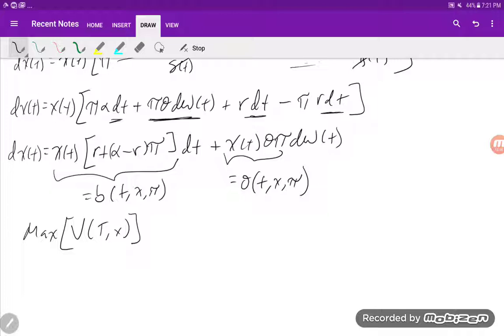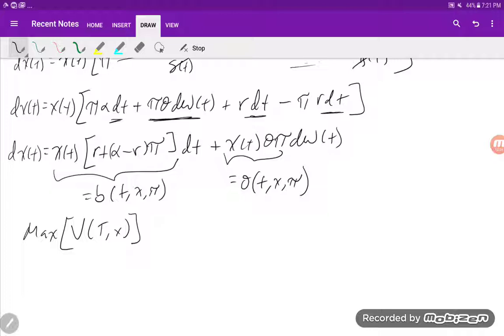What I'm going to do though is rewrite this as a minimization problem, because oftentimes in optimization problems you're thinking in terms of a cost function, so you're minimizing instead of maximizing. It just becomes a simple negation of our utility function. So we want to minimize negative wealth here.